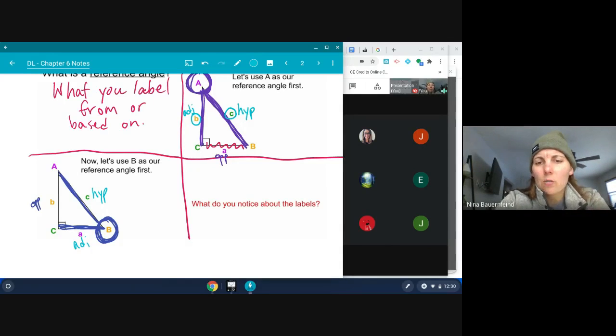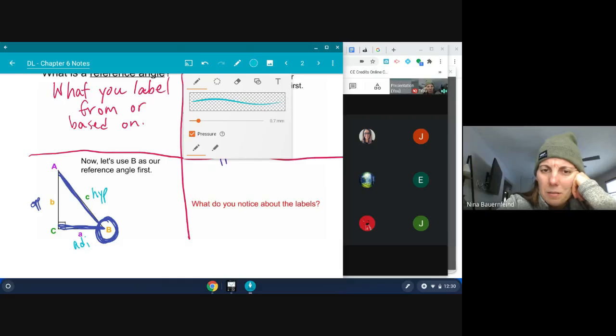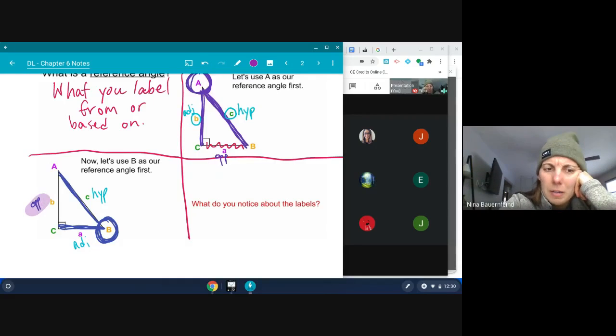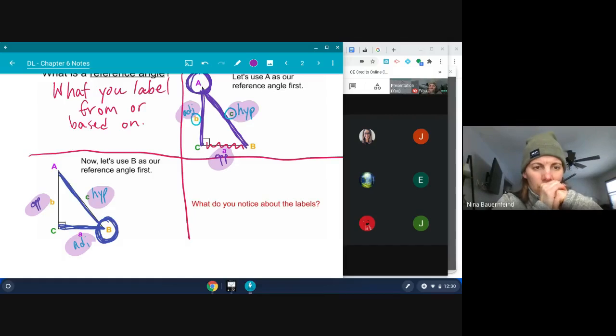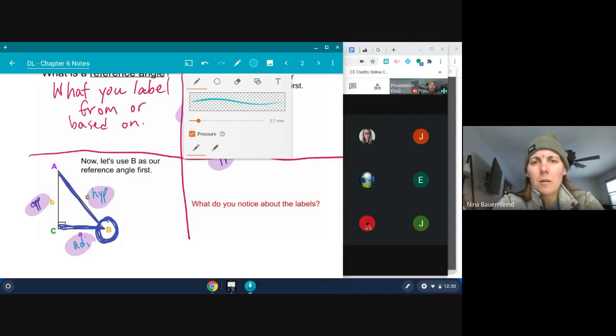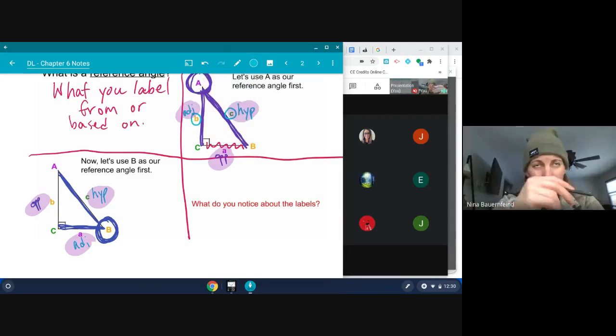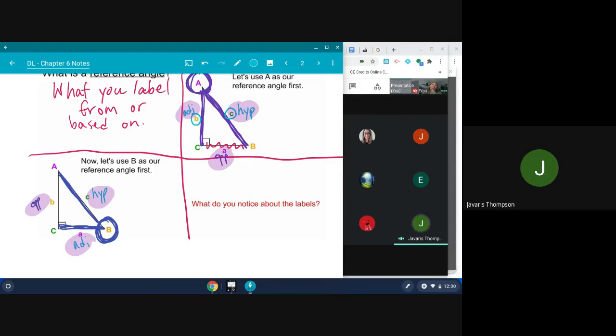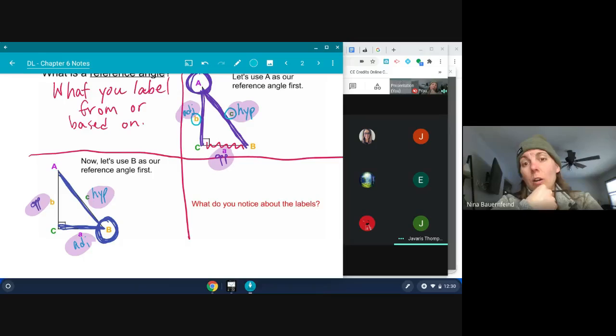So when I ask this question right here, what do you notice about the labels? What I mean is, what do you notice about these three versus these three? What happened there? Change. Yeah, and specifically, Javaris, what changed? Can you explain? You are correct.